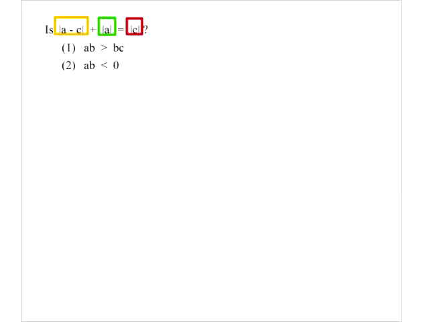So, statement 1 means AB is greater than BC. So what we can do is divide this by B, but make sure that you are very, very careful when you do that, because you do have to think about what happens. Notice that we can divide by B because we know that B is not 0.